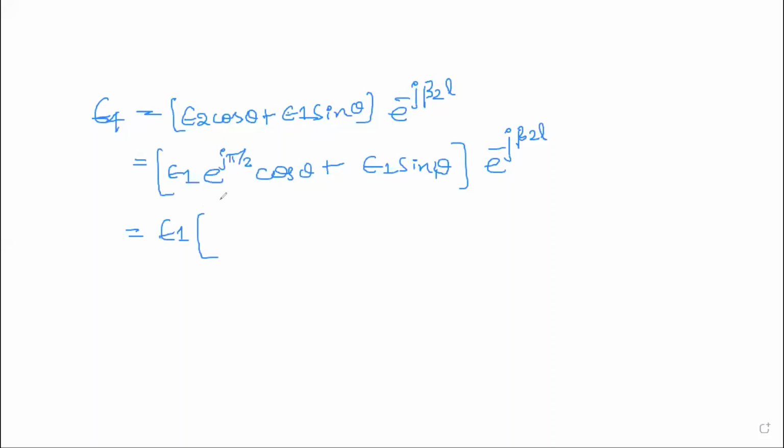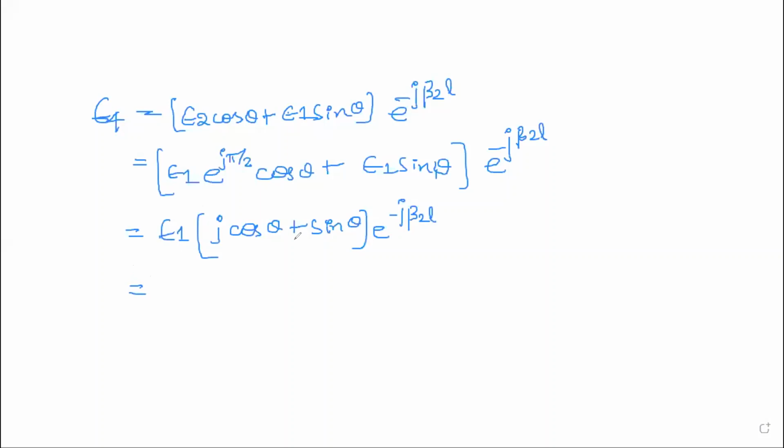Now we need the value of e power j pi by 2. What was e power j pi by 2? Cos pi by 2 plus j sin pi by 2. Cos pi by 2 is 0, sin pi by 2 is 1, so it is j. So we get j cos theta plus sin theta into e to the power minus j beta 2L.